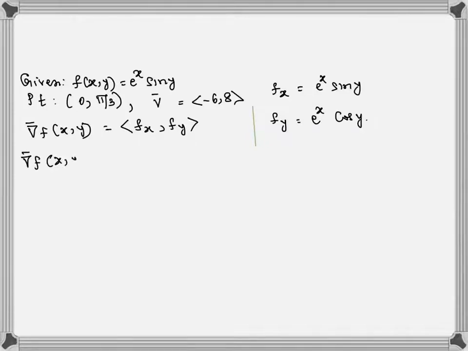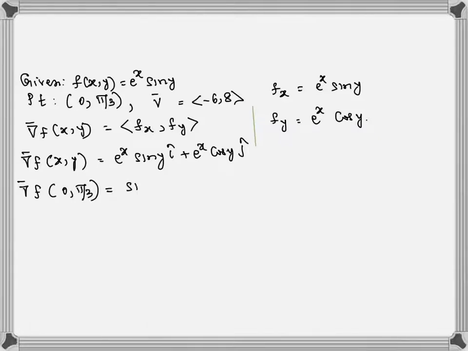So del f at (x, y) in the vector form is e^x sin y i plus e^x cos y j. So del f at (0, π/3), that's the point given in our problem. So we are going to replace x with 0 and y with π/3.